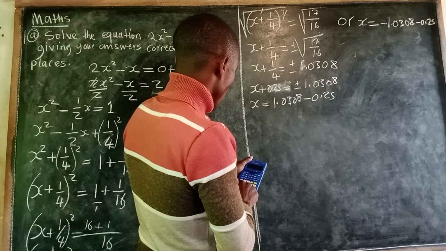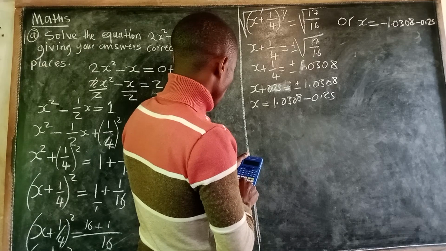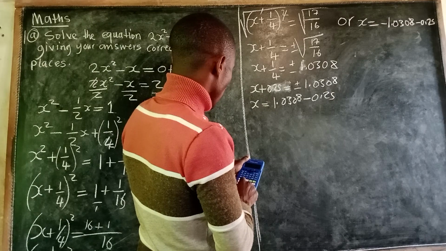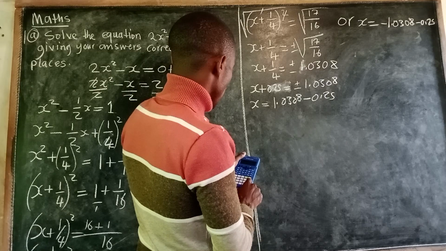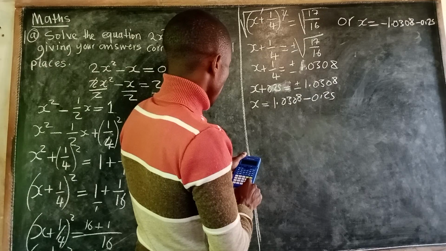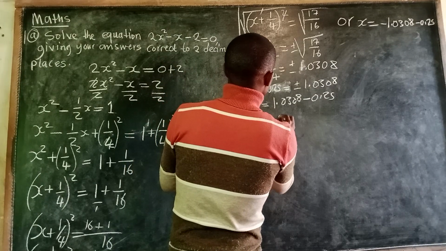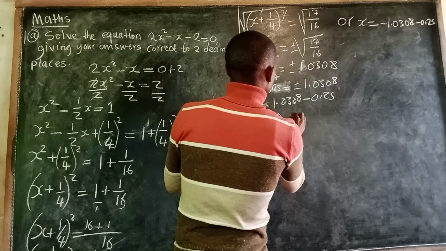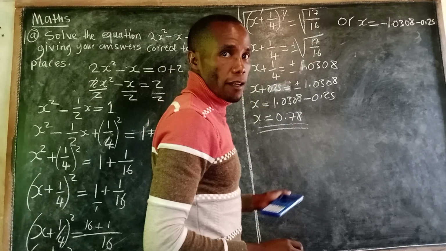We have 1.0308 minus 0.25. What is the answer there? The answer is going to give us x equals 0.78. Okay, this is our first answer.